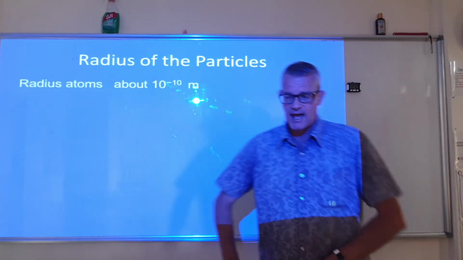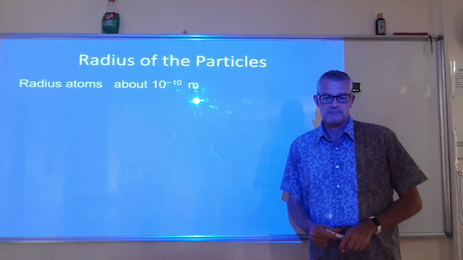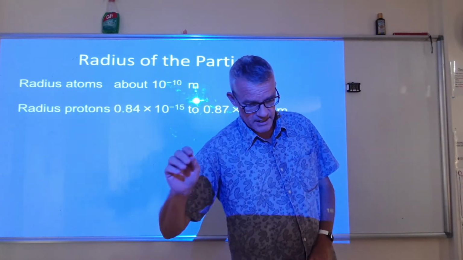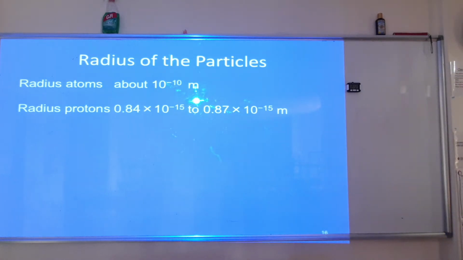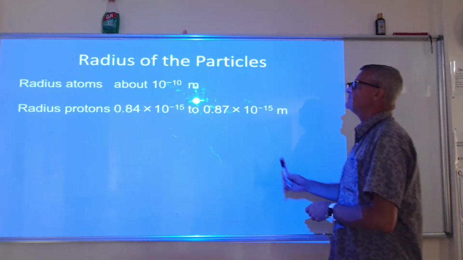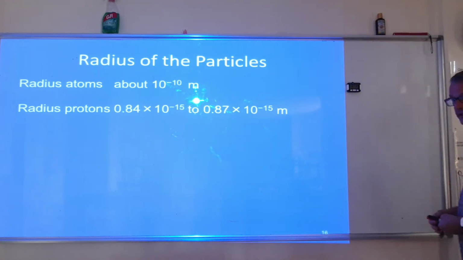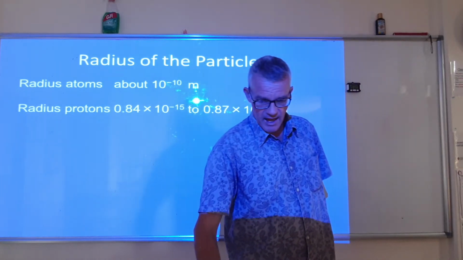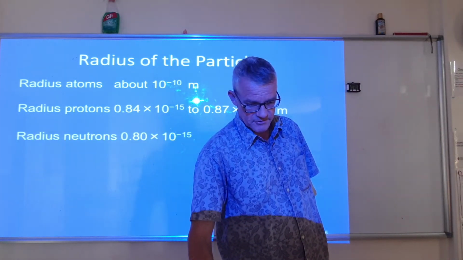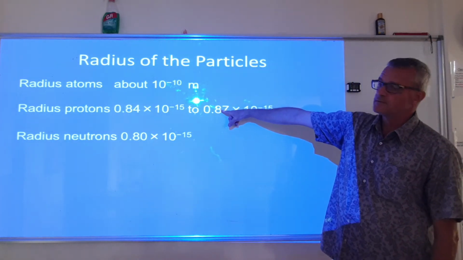Right? Okay, let's have a look at the radius, and you need to know these numbers. As said before, the radius of an atom is about 10 to the negative 10 meters. The radius of the protons is 0.8 times 10 to the negative 15 to 0.87 times 10 to the negative 15 meters, or femtometers, and the radius of the neutrons is more or less the same as the protons.